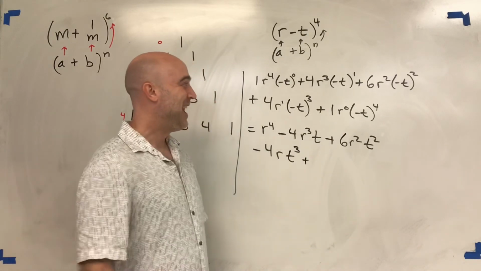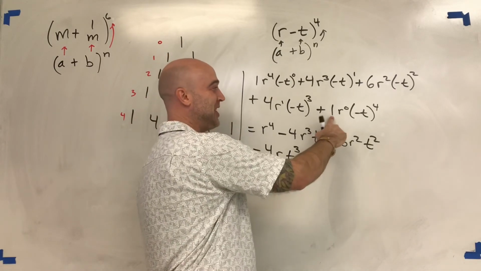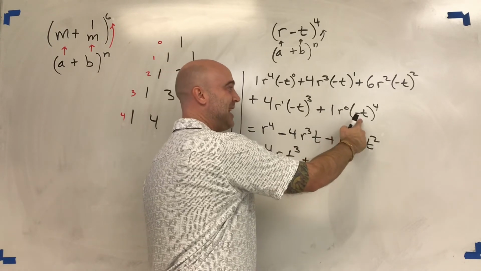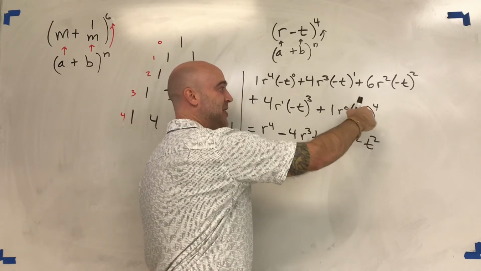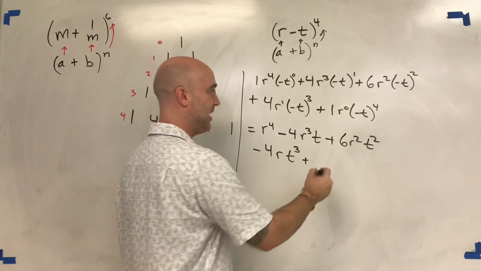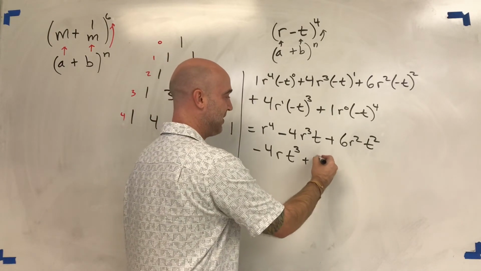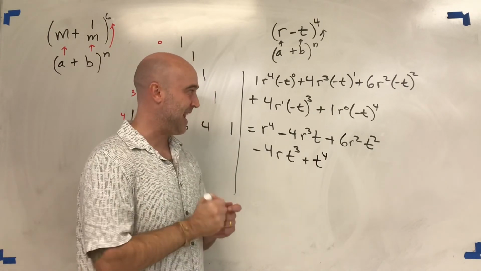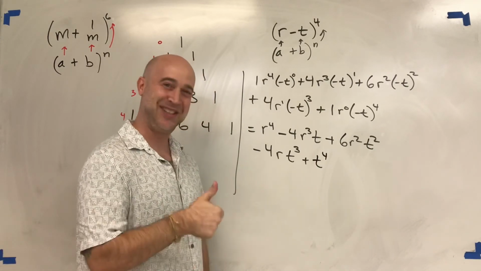Plus, and we don't need the 1 coefficient. R to the 0 is also 1. 1 times negative t to the 4th power. So that's an even exponent with the negative as a base. So t to the 4th. And that looks pretty good.